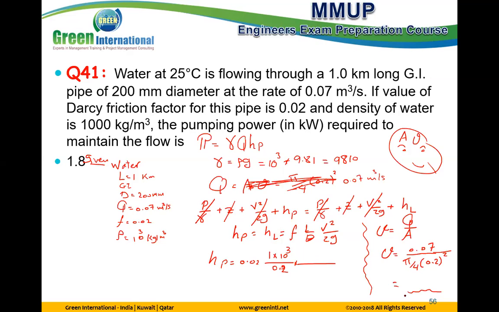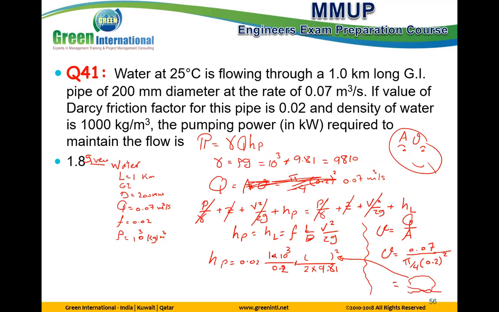Multiply V square. What do you get from here? What is the square of this value? Divided by 2G, to multiply by 9.81. You can get this value by calculator directly.